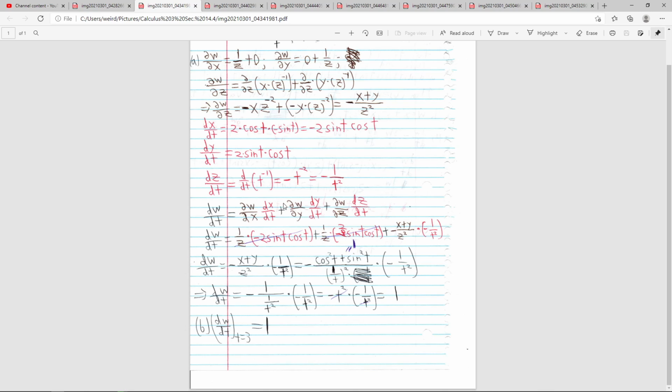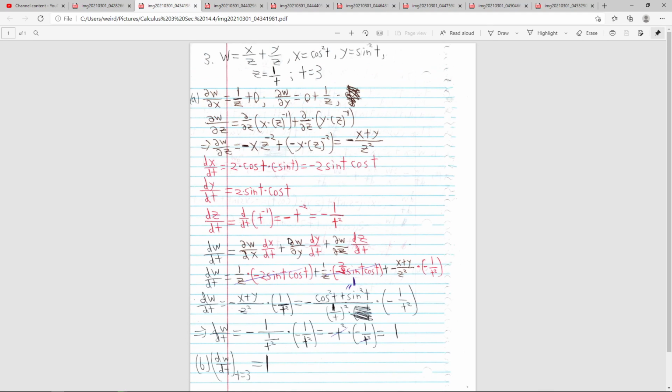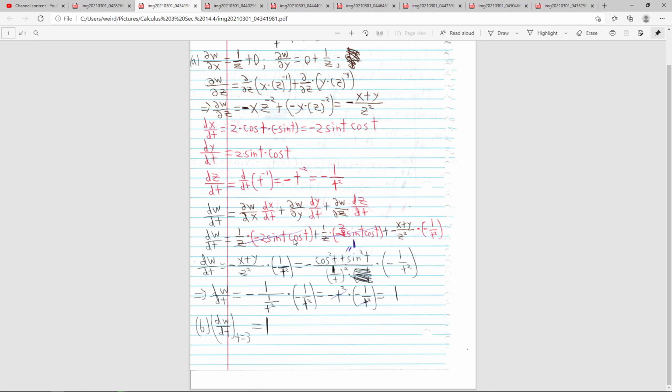Technically, I should wait and plug in x, y, and z. But this won't change because it's going to be basically divided by z. Something plus something equals 0, and 0 divided by anything is going to be 0. So I just canceled them out. That's because it's a positive version and a negative version of the same thing.